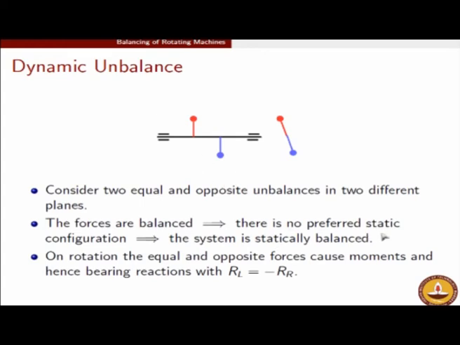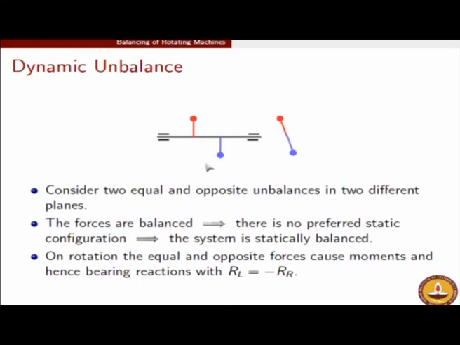Static unbalance can be easily detected because there is a preferred static configuration, whereas in this system there is no preferred static configuration, so it cannot be that easily detected. But as I said, it can be detected as well as estimated through more advanced experimental techniques which lie beyond the scope of the current discussion, but you should definitely read it for your own sake.